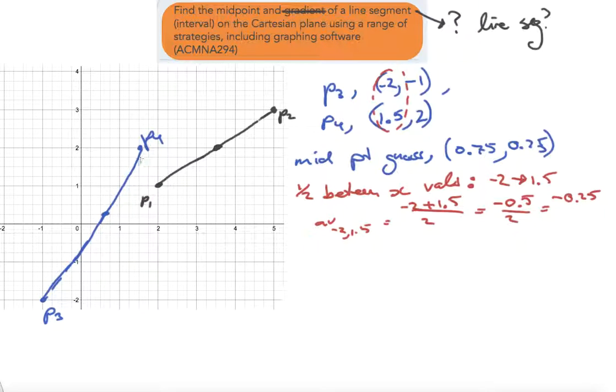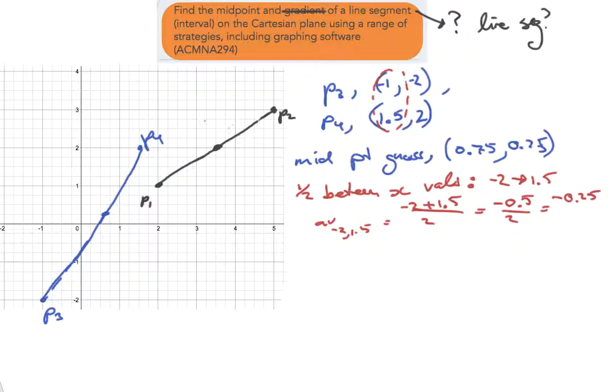When we look at this line, that doesn't look right, does it? We'd expect it to be here somewhere. So let's check our points. Point 3, negative 2. Oh, here we go. I got the coordinates around the wrong way. I was trying to rush, wasn't I? I hope you spotted that. Point 3 is negative 1 across, negative 2 down.